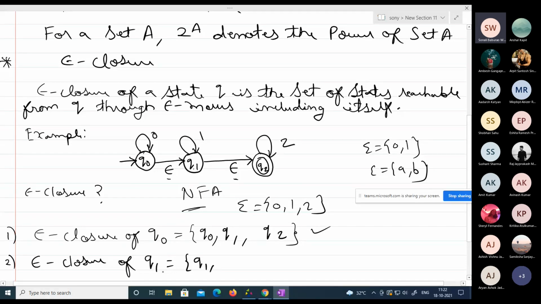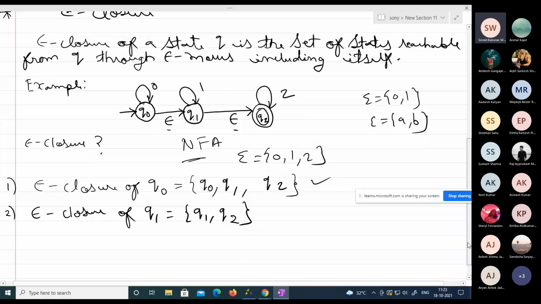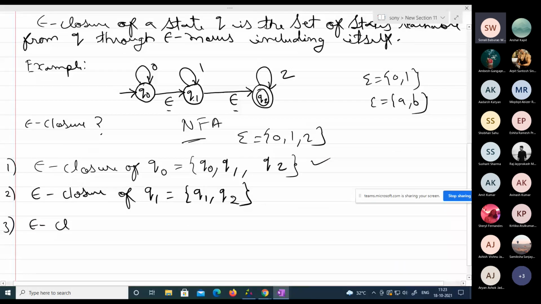So for the epsilon closure of Q1, I will include Q1 itself, and I will check the epsilon moves from Q1. From Q1, I'm having one epsilon move, which is going to Q2, right? So I will write Q2 here. This is the epsilon closure of Q1. Now suppose I want to compute the epsilon closure of Q2. Now you tell me what will be the answer. Q2. Only Q2. Very good.